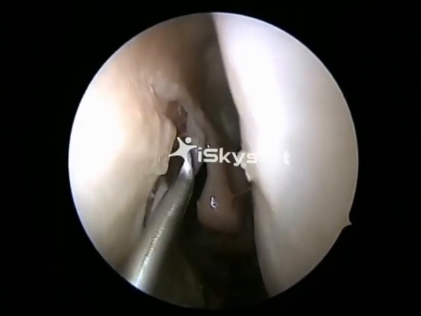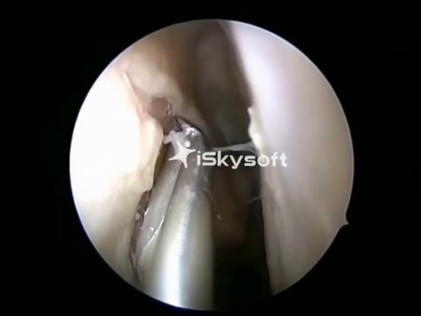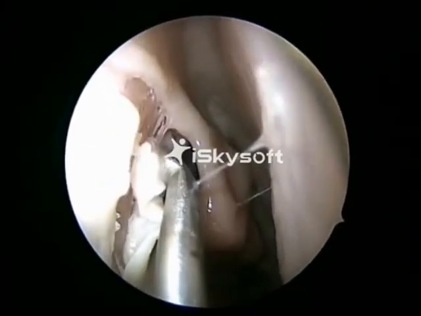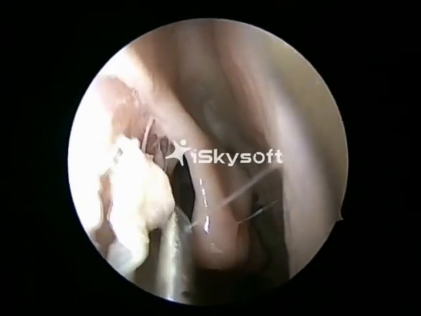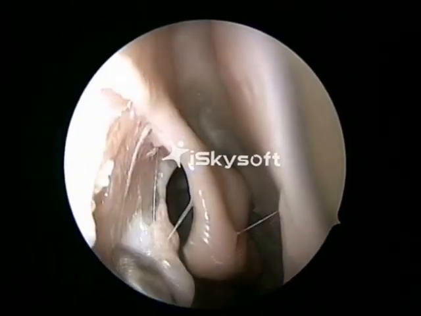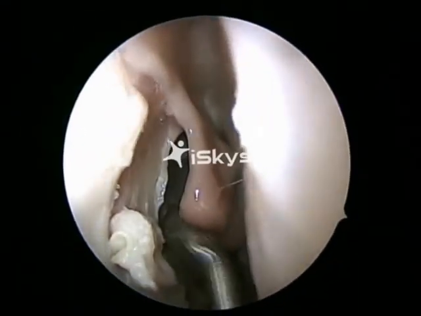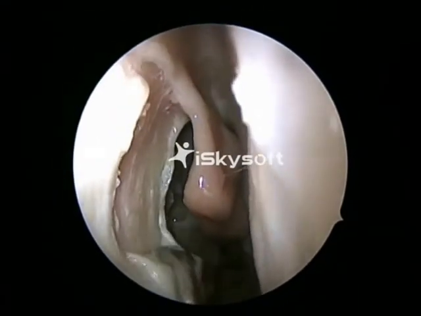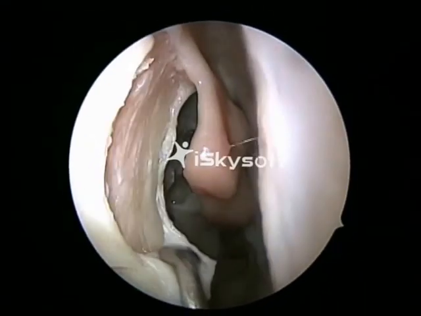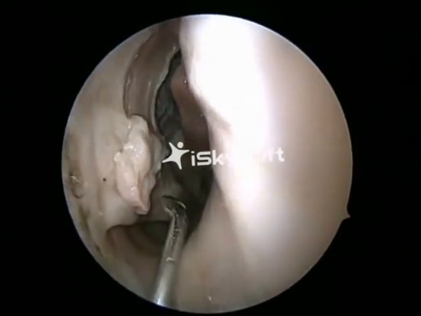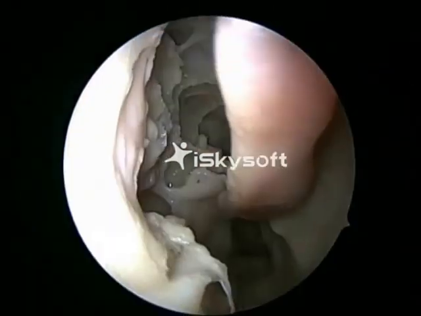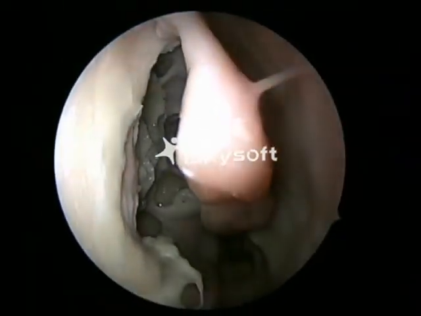We usually use an inferiorly based flap. We use a Cottle's elevator to elevate this flap in a subperiosteal plane, and this flap is draped over the inferior turbinate.